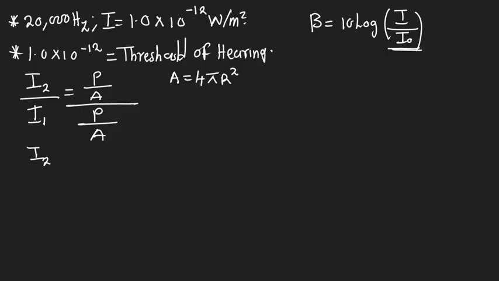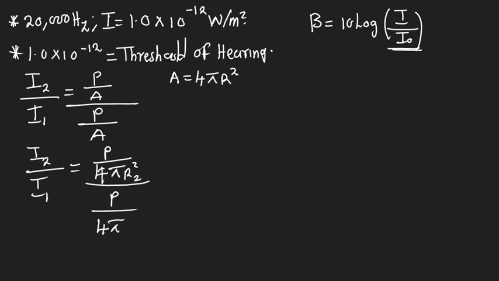So intensity 2 over intensity 1 is going to equal P over 4 pi r squared 2 over P over 4 pi r squared 1.